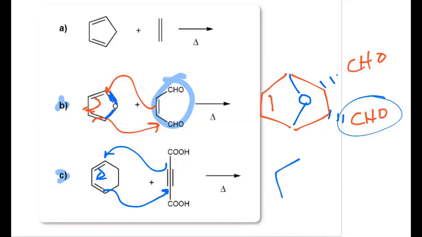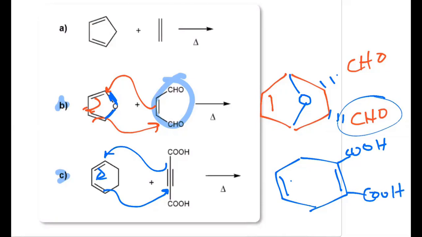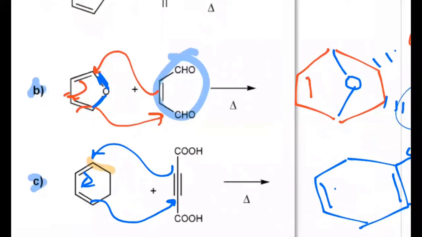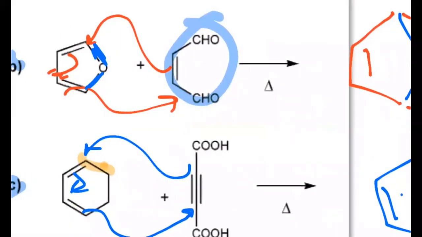You're going to have a 6-membered ring, a double bond, well, a pi bond here, and then your acids, just like we did up top. Only thing I'm missing is the bridge. We can point that out over here. These carbons right here are going to be your bridge carbons.